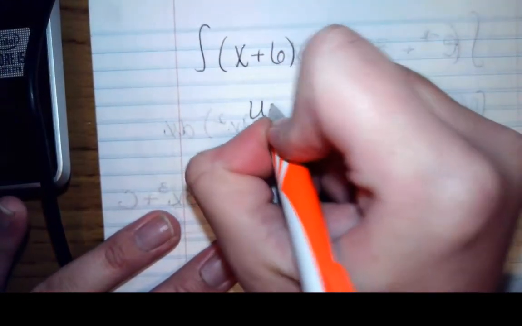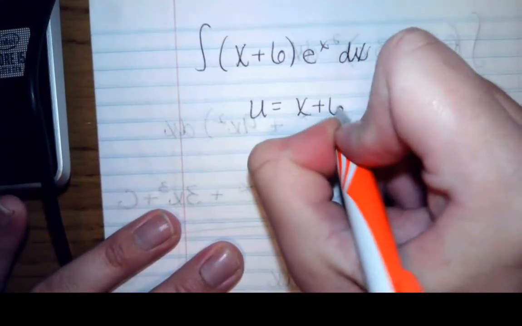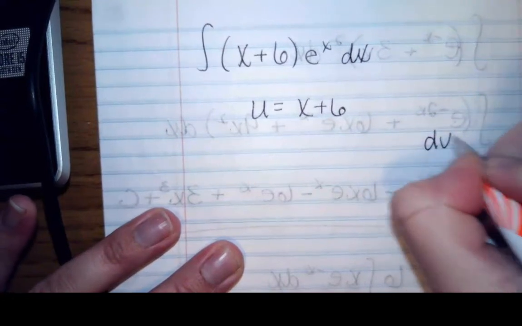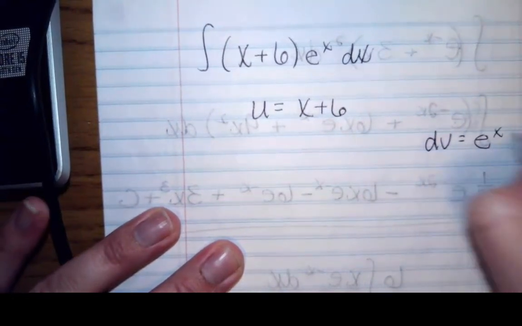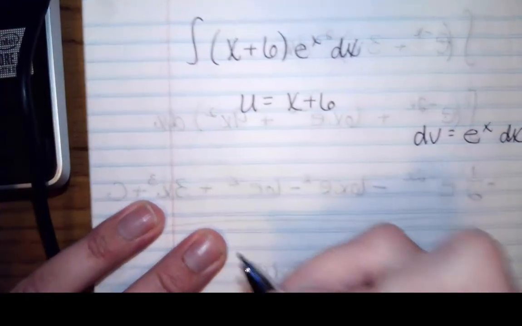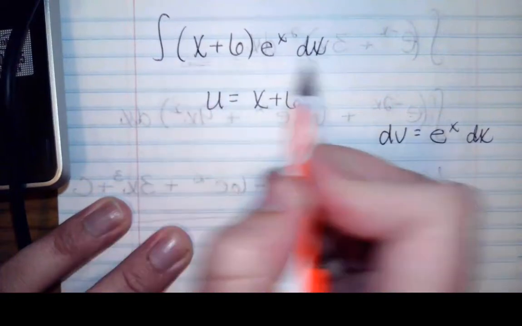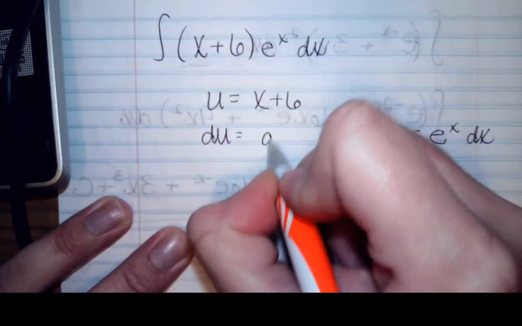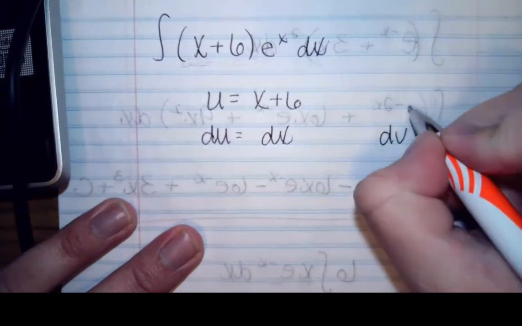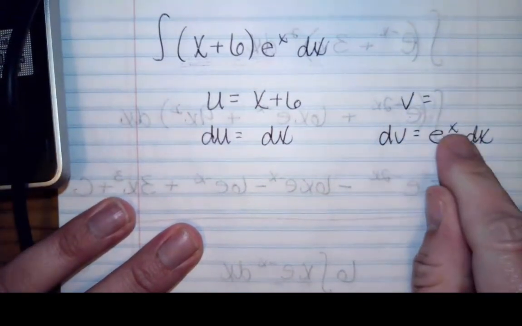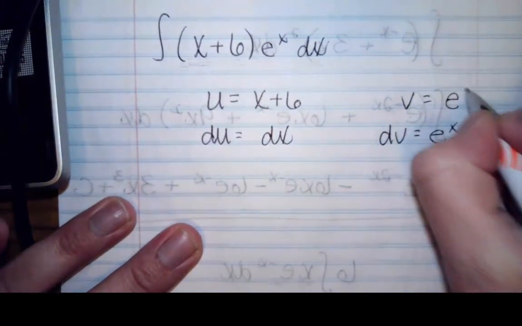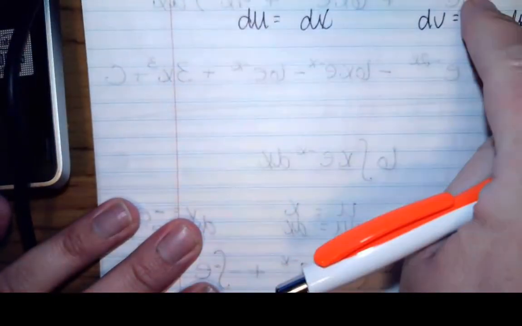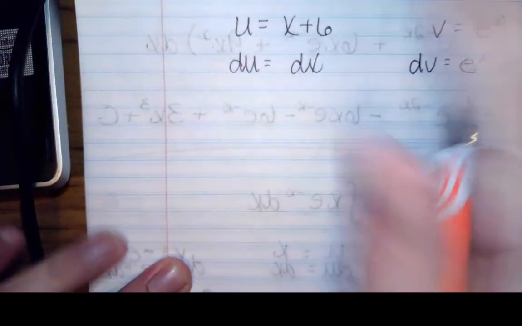It'll be fun. So my u is going to be the x plus 6, and my dv is going to be the e to the x dx. So I've got this portion and this portion. My derivative will be 1 dx. My integral, I don't need to balance anything, so it's just e to the x. Now what I have is uv, so don't forget your parentheses.